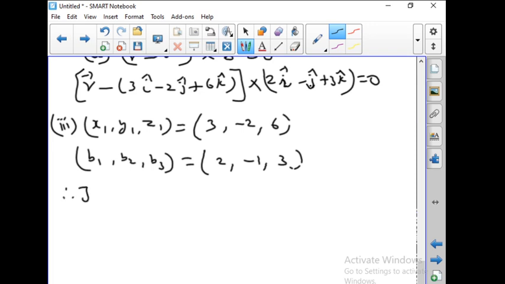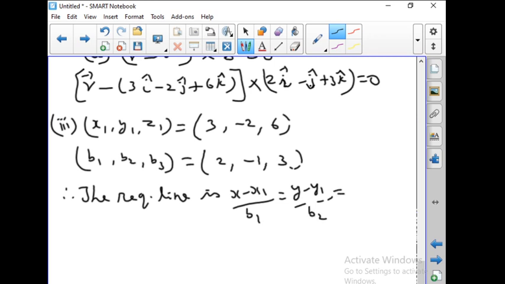Therefore, the required line is (x minus x1) by b1 is equal to (y minus y1) by b2 is equal to (z minus z1) by b3.